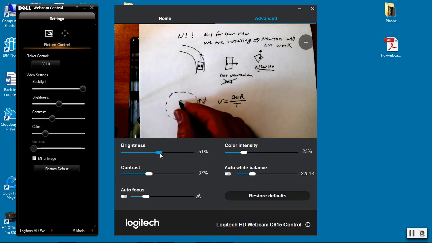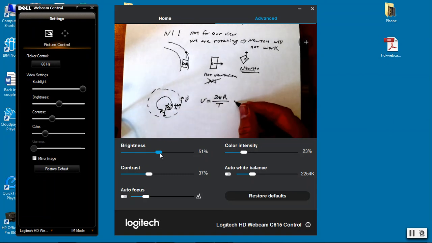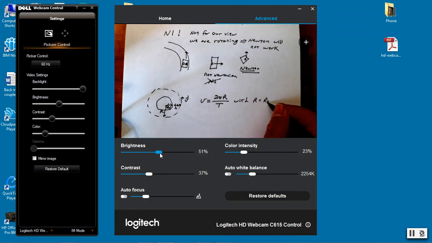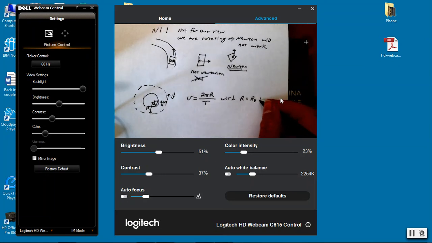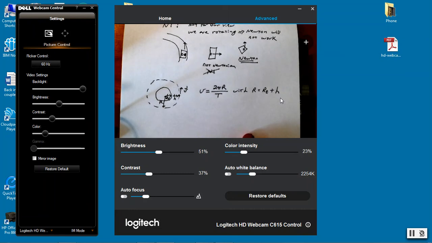That radius, in turn, if I look at the radius of the Earth and the radius of the orbit and the height of the satellite, then we have that the radius of the orbit of the satellite is the radius of the Earth plus the height of the orbit above the surface of the Earth.